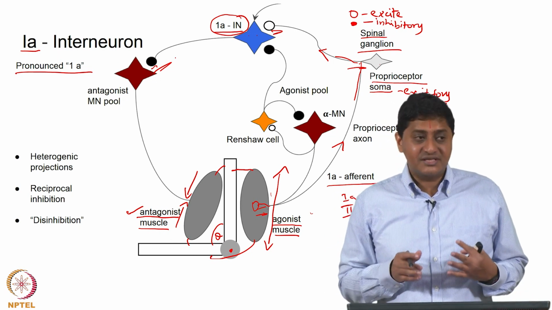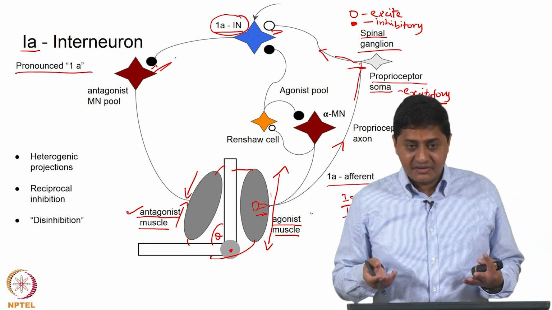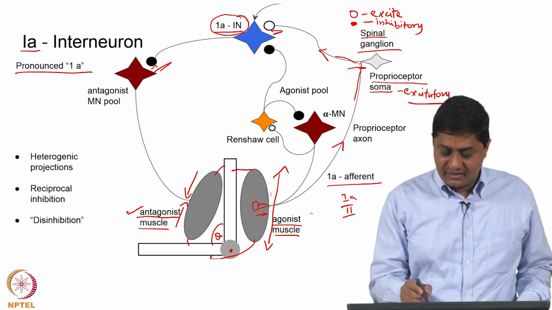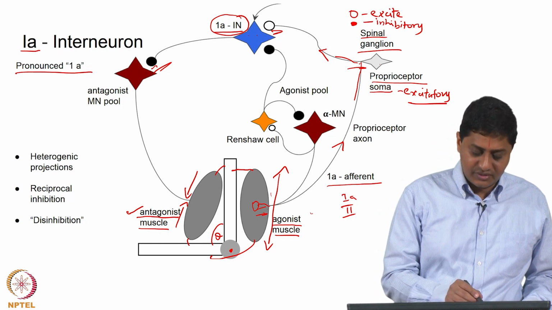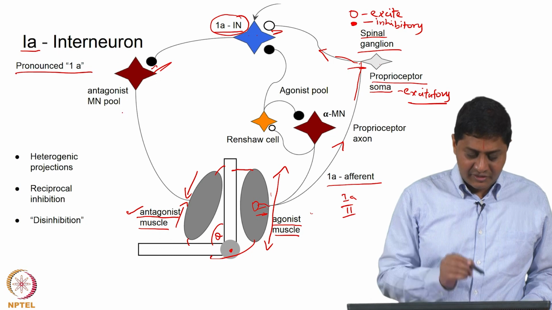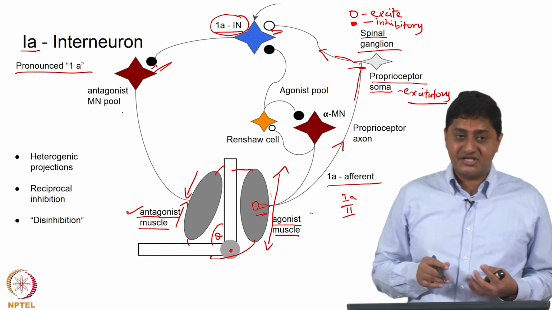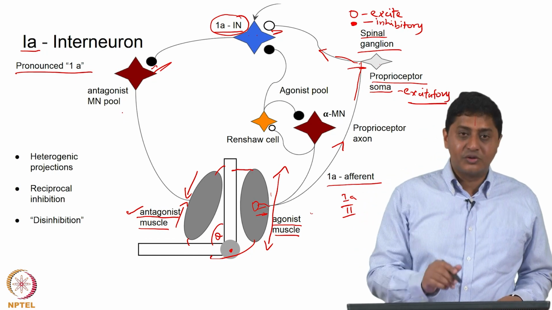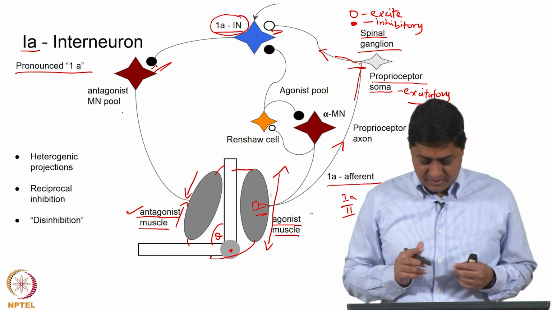The proprioceptor neuron just detects the amount of stretch. So, as soon as the stretch comes, it sends the excitatory information to 1A interneuron, which further sends an inhibitory information to the antagonist motor neuronal pool. So, regardless of what the source of stretching is, the antagonist motor neuronal pool will get inhibited to some extent.